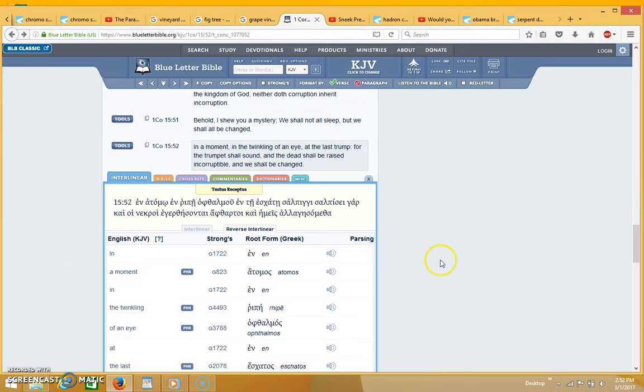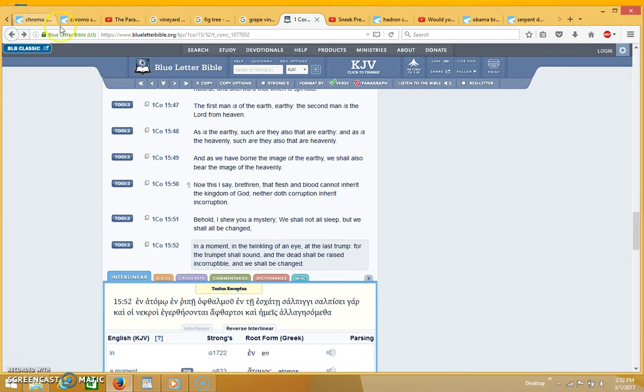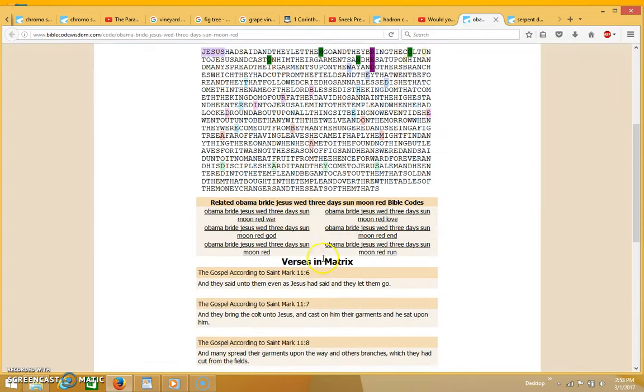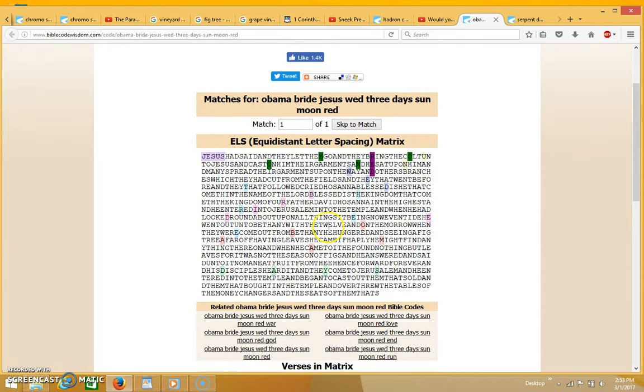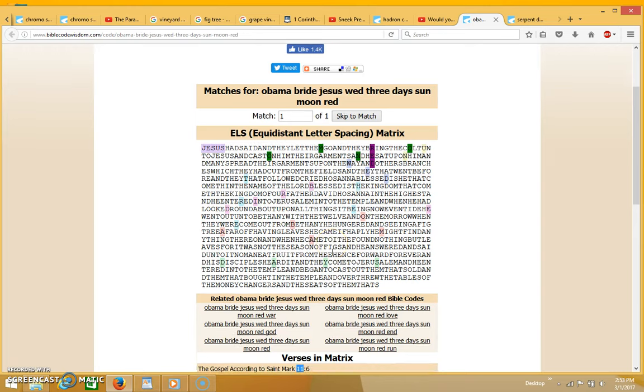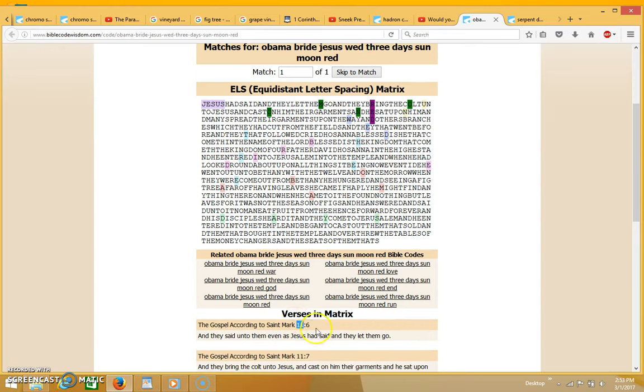I've mentioned before that I believe the DNA is a representation of what will happen, but I don't know if what's being represented here is going to literally take place. But that is the imagery that God uses to describe the restoration.